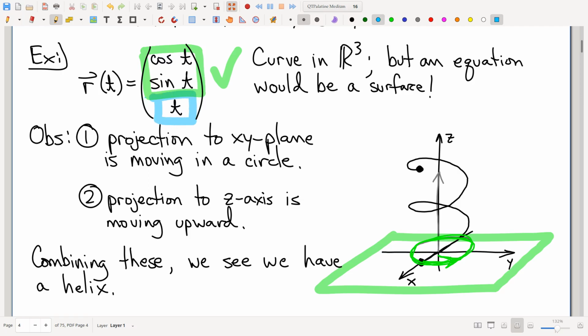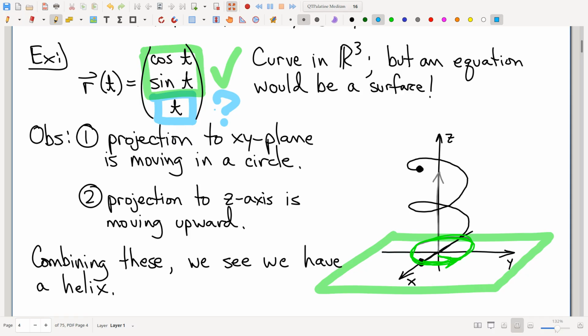Okay. So, what about this? Ignore x and y, thinking only about z. If z is t, let's just think this through for a second. As time passes, as t increases, what happens to z? Well, z is also t. So all this is saying is that as time passes, my height increases at a consistent rate. Right? So what does that tell me about the actual path, the actual curve?